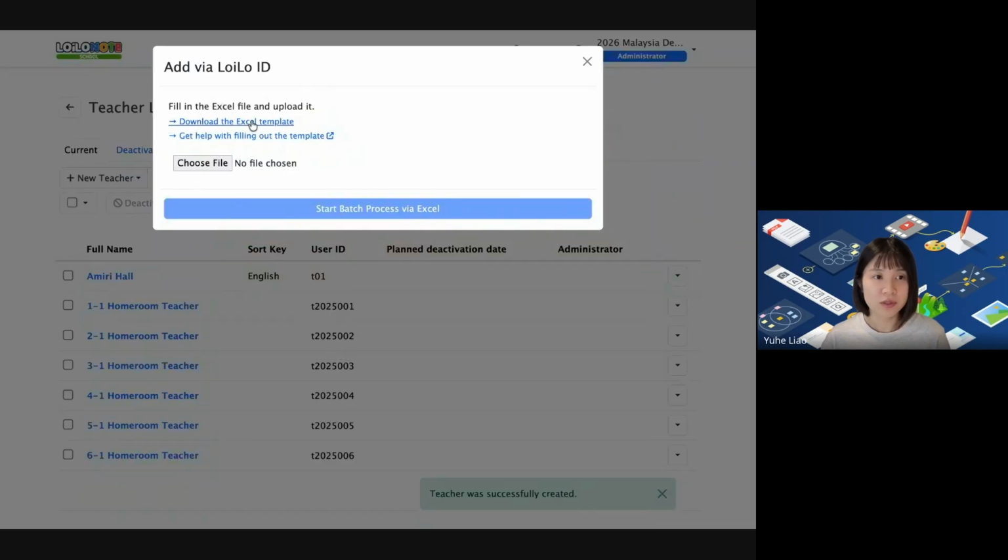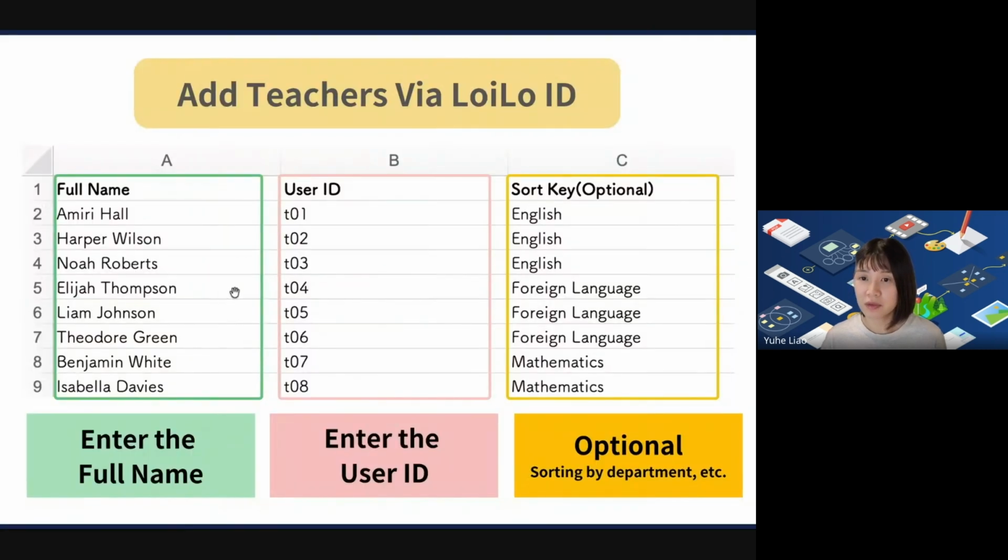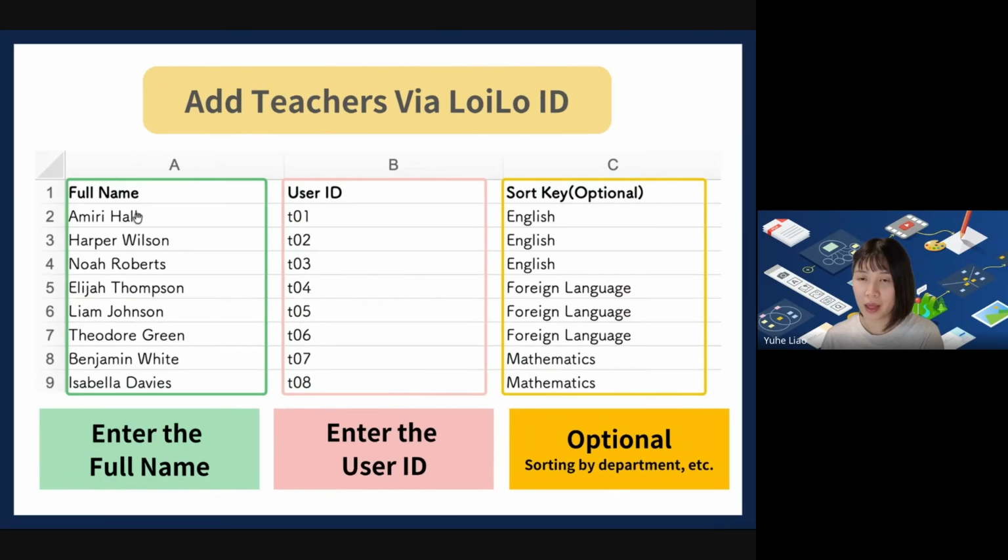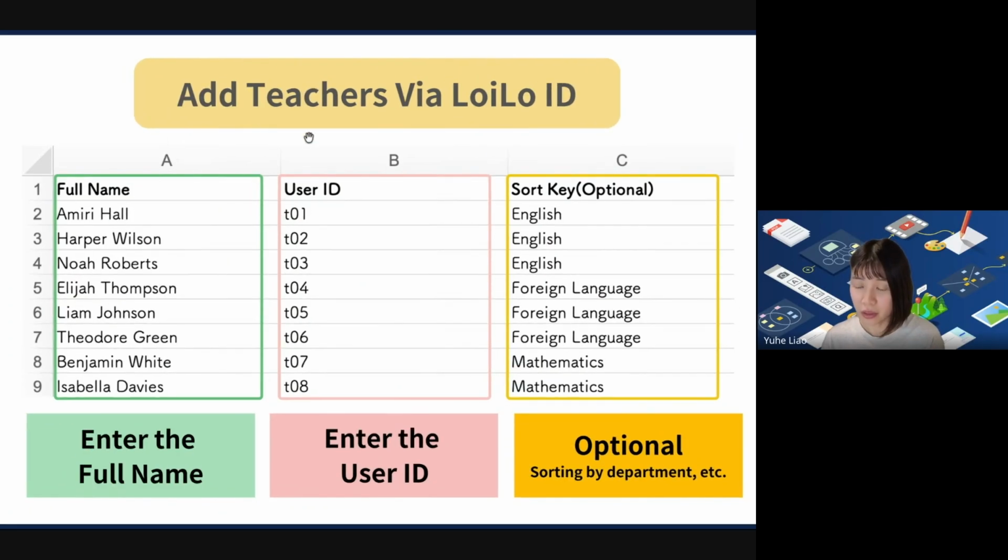So I assume you already downloaded the Excel template, right? So now we're going to spend like 2 or 3 minutes on the Excel template. If you don't know what to do, please feel free to reference this page.